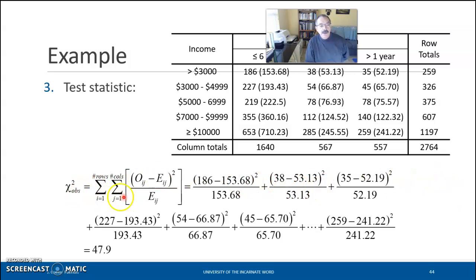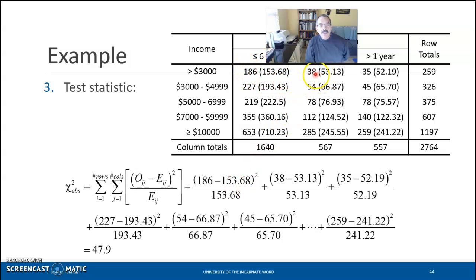But you can see, if you don't understand these indices and the order, just look at what we're doing. So we're looking at the first row. We take the observed frequency minus the expected frequency. We square that and we divide it by the expected frequency. So that's the value for the first cell.